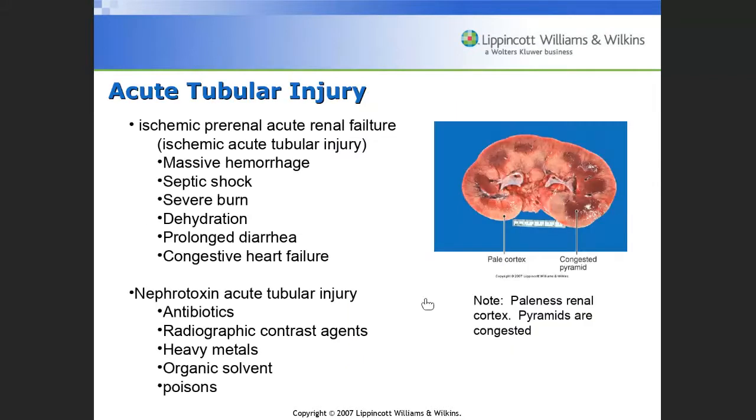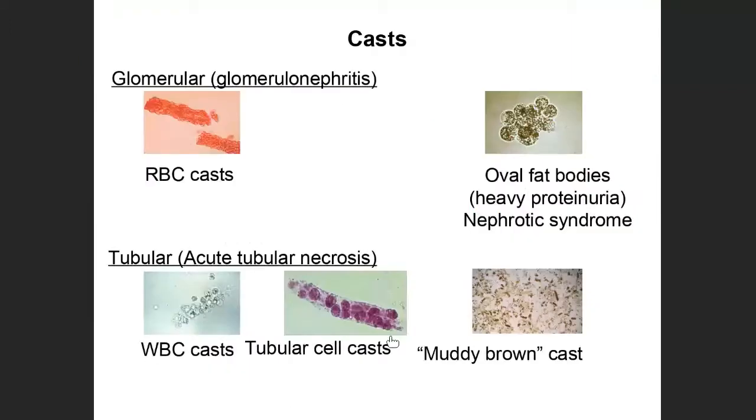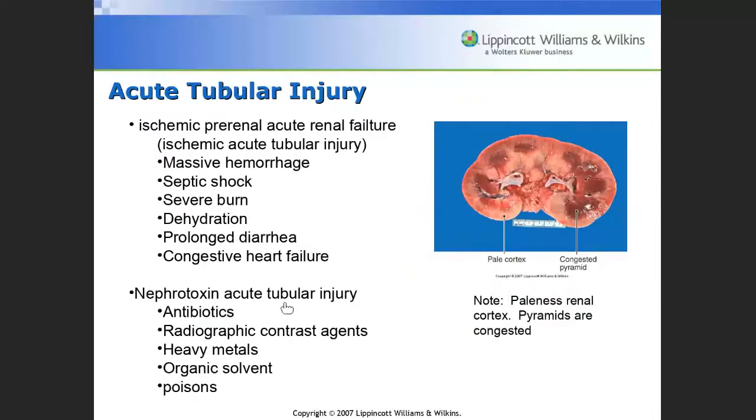Okay. Acute tubular injury leads to muddy brown casts. Remember that? That suggests acute tubular injury. So you think of the muddy brown cast or tubular cell cast as the two defining features of tubular injury. And tubular injury could be due to ischemia because the cells of the renal proximal convoluted tubule require oxygen.